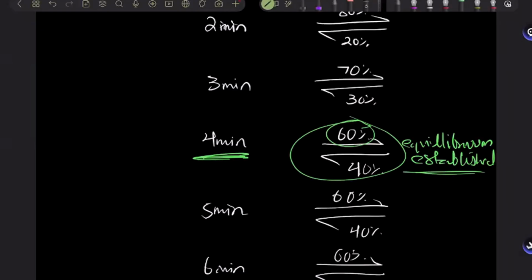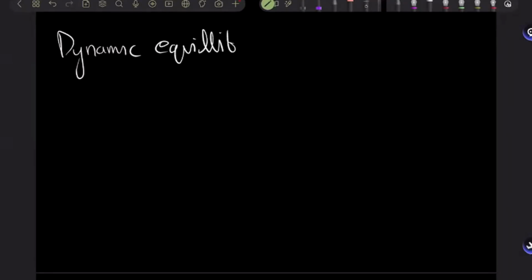But if the rate of forward reaction and backward reaction become equal, what does that mean? That is known as dynamic equilibrium. What is dynamic equilibrium?